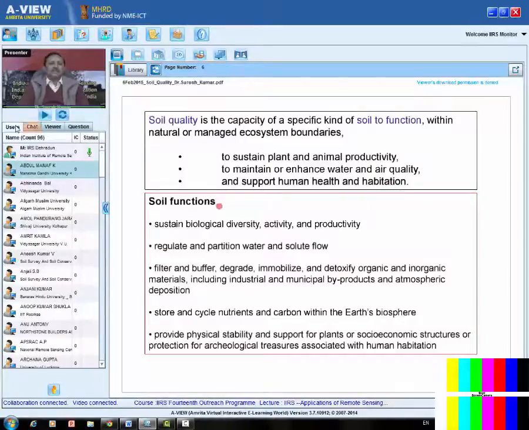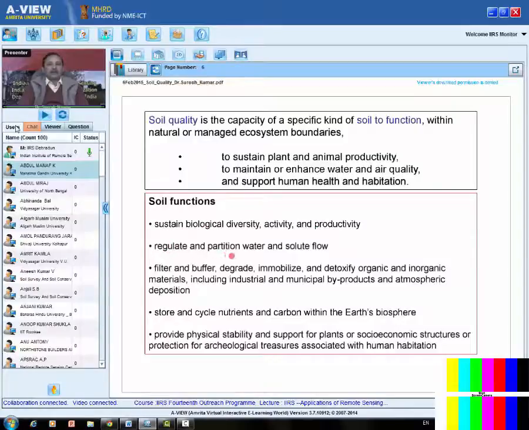Then we need to find out what the major functions of the soils are. Soils have mainly five functions. First, sustain biological diversity. If soils are of varying types, nutritious, and of good quality, then different kinds of microorganisms, flora and fauna will exist, their activity will be in good shape, and the soils will be productive.